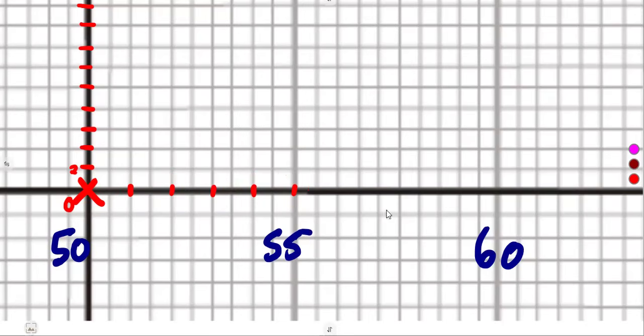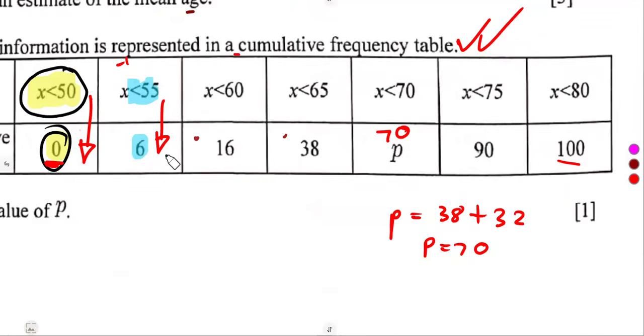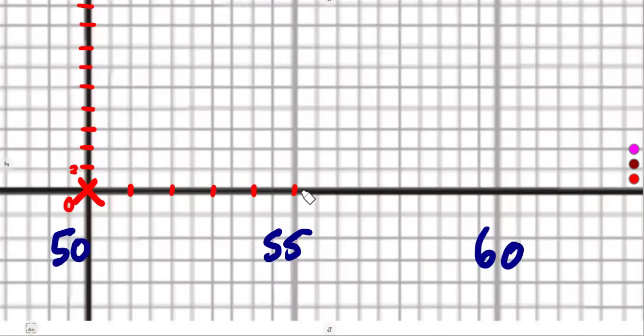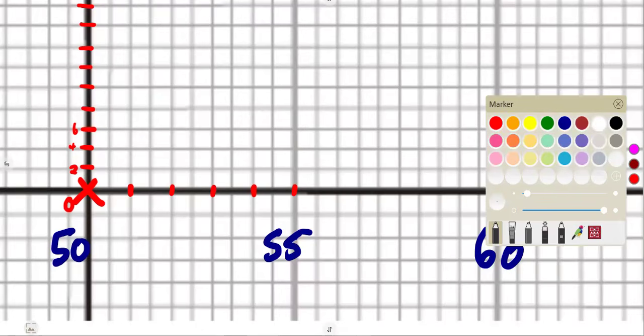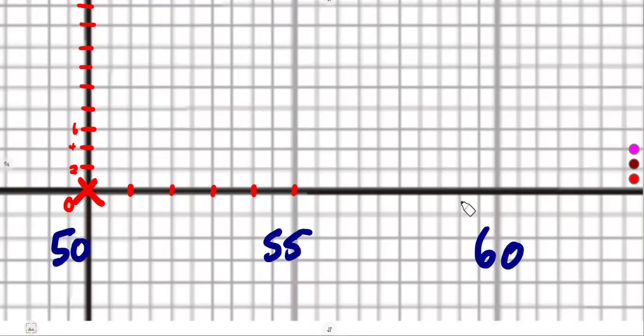So there, they need 55 versus what? 6. Okay, so 55 is here, then 6 we're just going to count, 2, 4, 6. So you're supposed to count that way, 2, 4, 6. So 55 versus 6 is somewhere here.